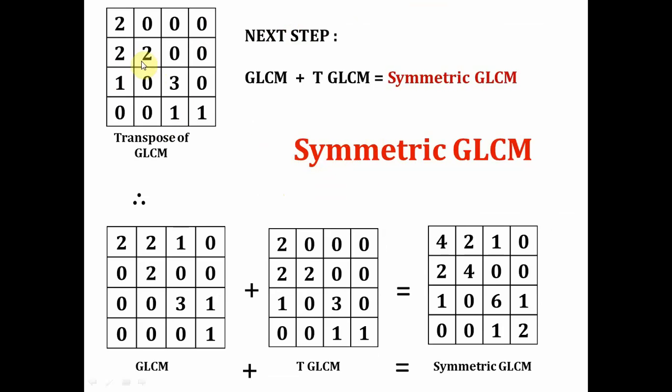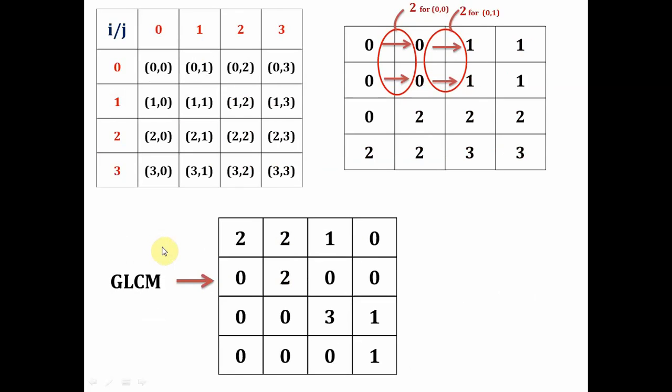So you have the GLCM, that is the gray level co-occurrence matrix. You need to find the transpose matrix. If you arrange these columns as rows, you will get the transpose. So 2 2 1 0, if you write 2 2 1 0 along the row. If you write this row as a column, you will get the transpose.